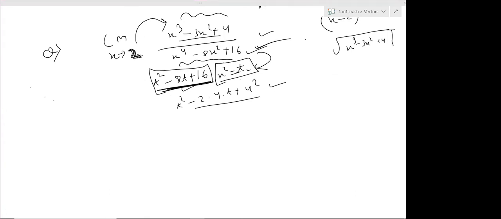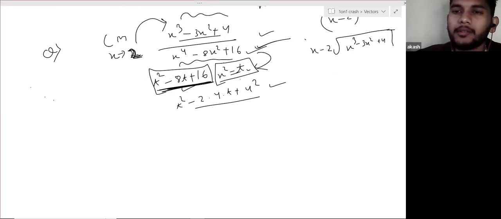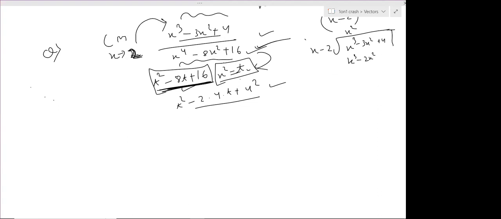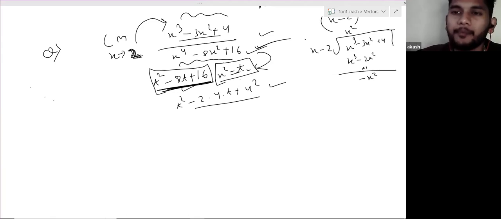All right, see. If we do long division, this is x square. So x cube minus 2x square minus x minus 2. You get, if this is minus x square, right? Because minus 3x square plus 2x square is minus x square.